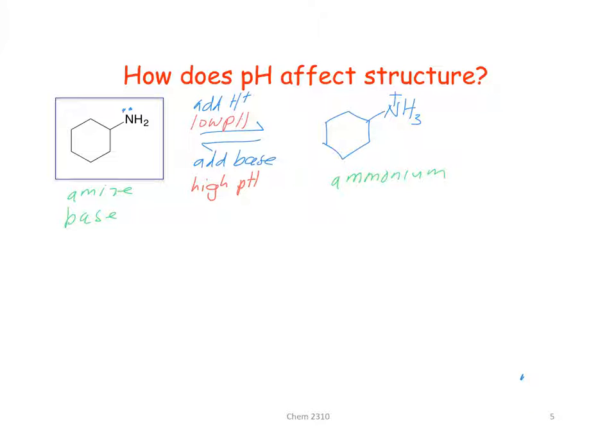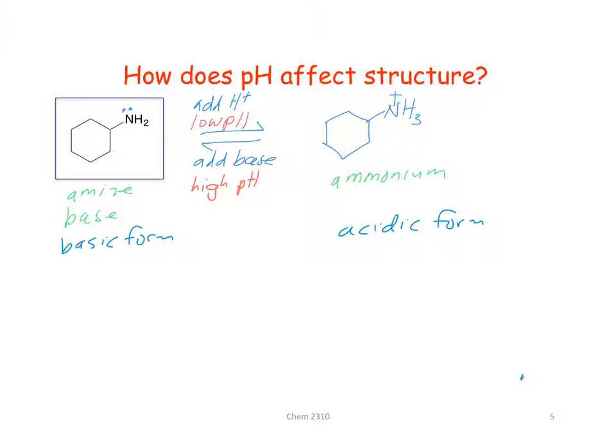So let's analyze these two compounds like we did on the last slide. The amine, is that going to be the acidic form or the basic form? This is the basic form. And the ammonium ion is the acidic form, the one that's protonated.